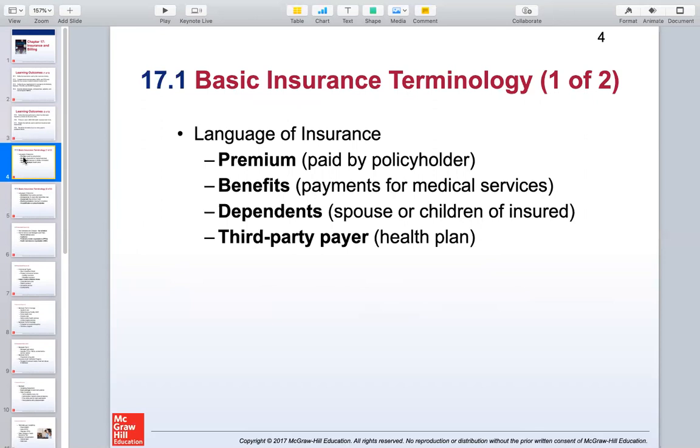All right, so just some basic insurance terminology that is beneficial to know, that helps to understand when you hear these terms out in the field, especially at the front desk.